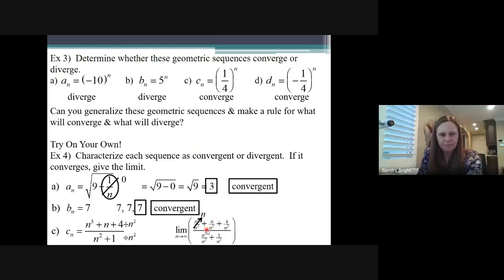This guy zeroes out because it's 1 over n. This is 4 over n squared. That'll zero out also. N squared over n squared is 1. And then 1 over n squared zeroes out. So you end up taking the limit of n over 1 as n goes to infinity. Infinity it is. And so this guy is divergent.